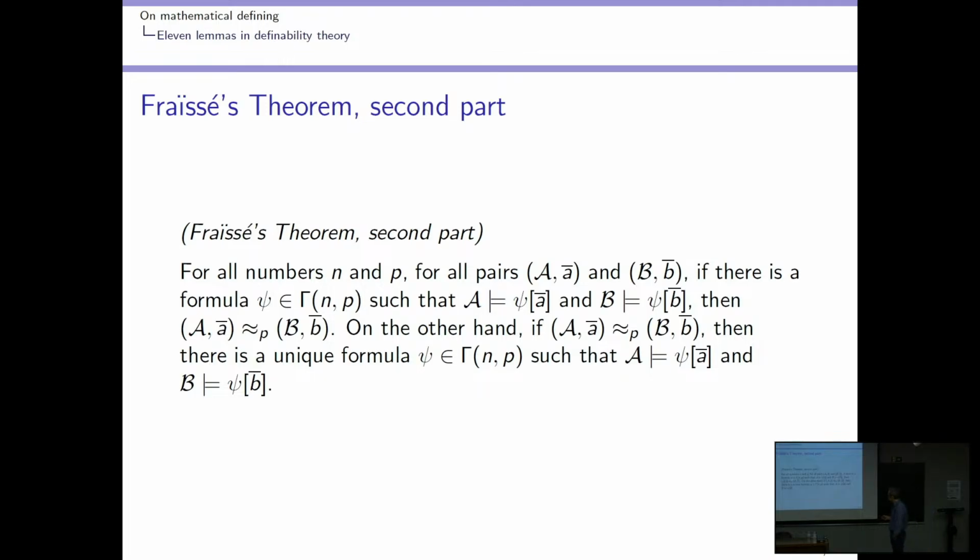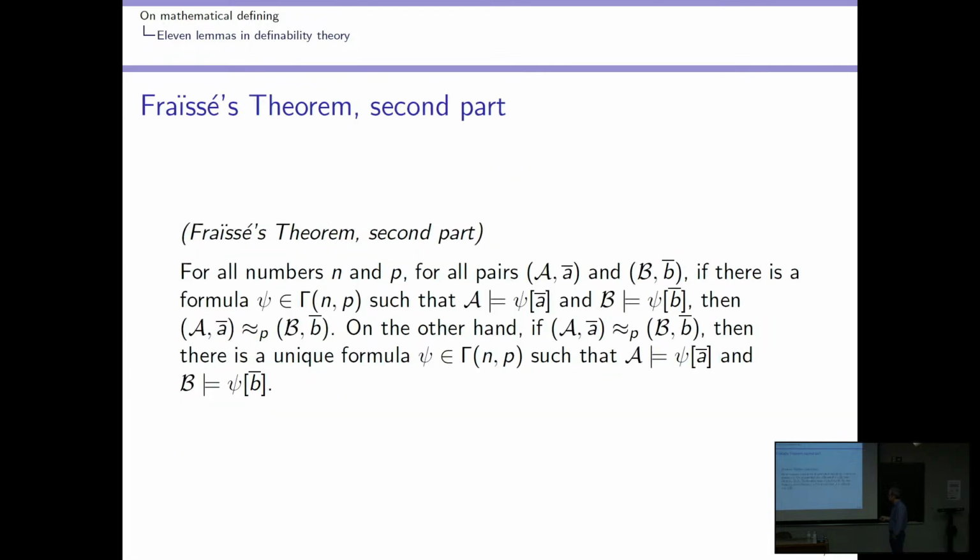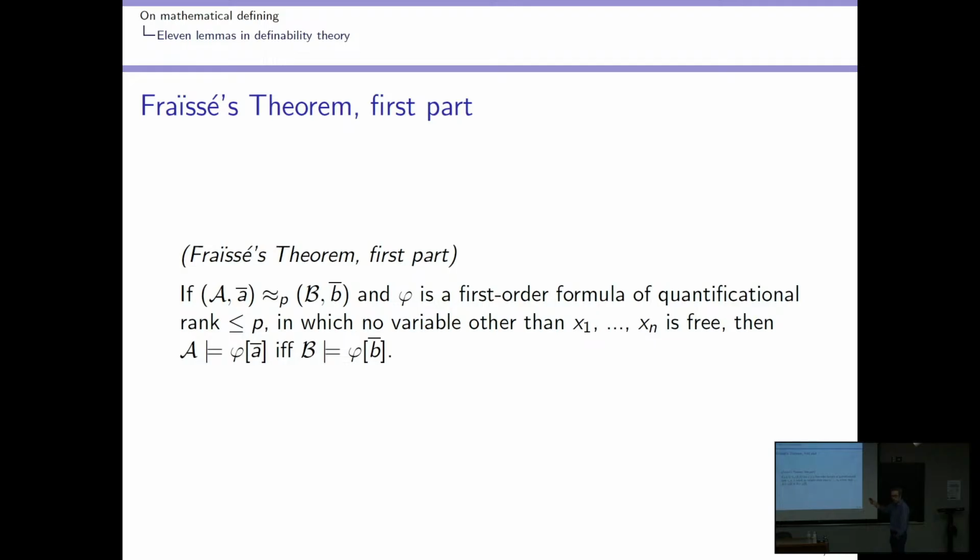So if A bar and B bar are P partially isomorphic, then they agree with respect to all formulas of quantificational rank up to P. The second part of Fraïssé's theorem, it is an exercise to prove this by induction on phi. Right? So you can do this exercise.